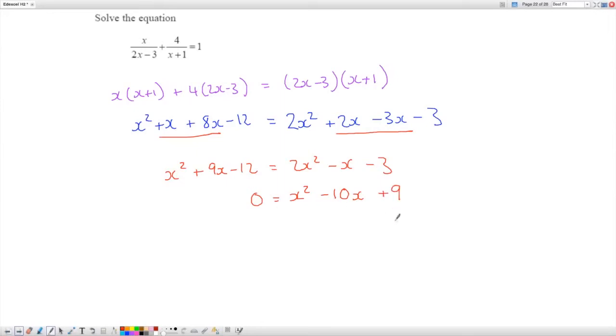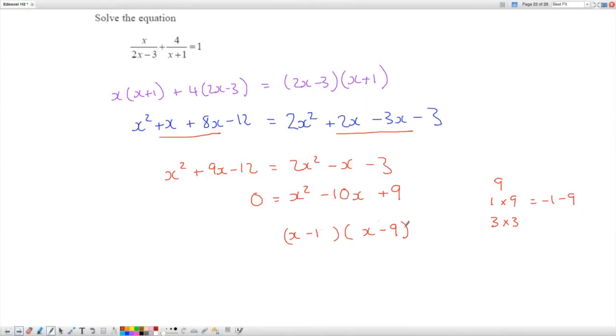We now have a quadratic that we can solve by factorising. So here we're going to put this into two brackets. We're going to have x minus 1 and x minus 9. How do we get this? The coefficient here is 1, times 9 is 9. Factors of 9, we've got 1 times 9 and 3 times 3. We've got to make minus 10. So to make that, we're going to have to minus the 1 and minus the 9.